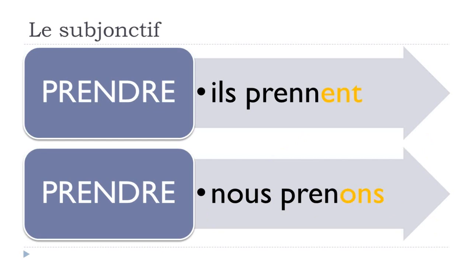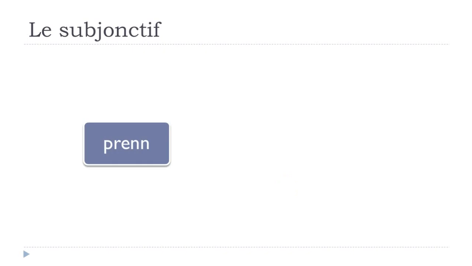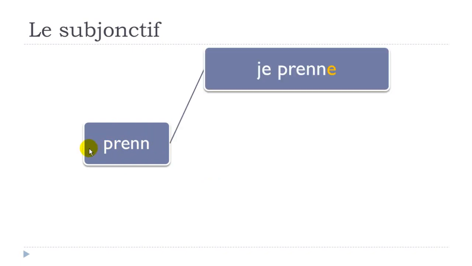So we can spot first the ending because we know that ENT is the ending for ils and then ONS is the ending for nous. And of course, what we'll do is take them away. So we'll put the endings away and we'll keep only this first part here and the first part here. What we'll do is take this first part, the part that we took away from this ils form, and then we'll put je.